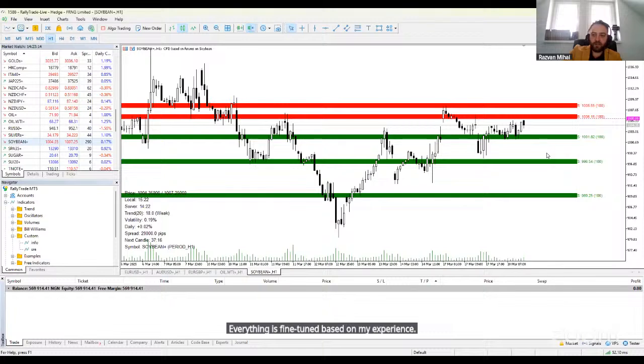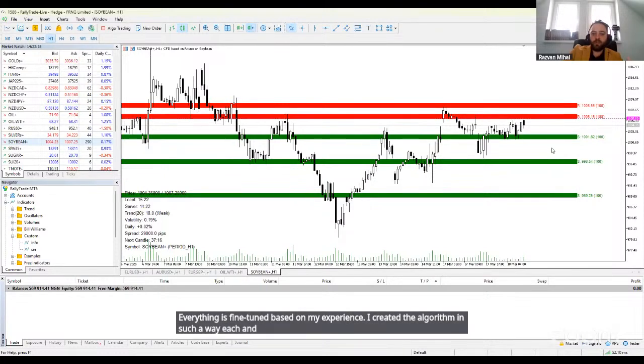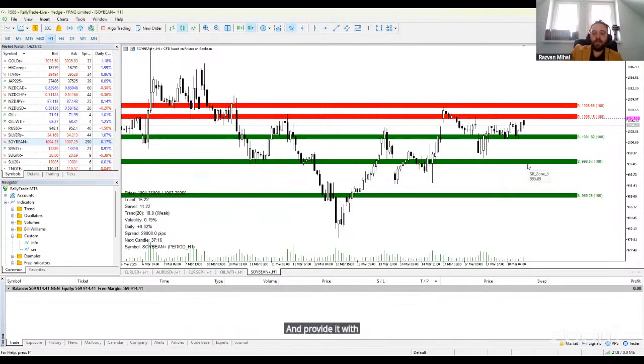I created the algorithm in such a way that each and every time we will get the best support and resistances through this indicator. And of course, it's customizable in such a way that you can change the parameters and provide it with even more fine-tuning in case, for example, you use it very often on euro dollars.